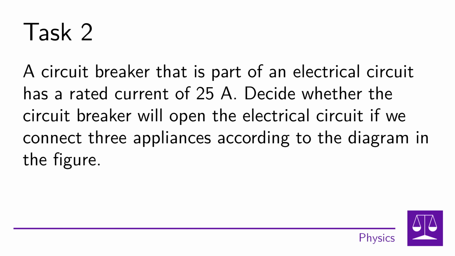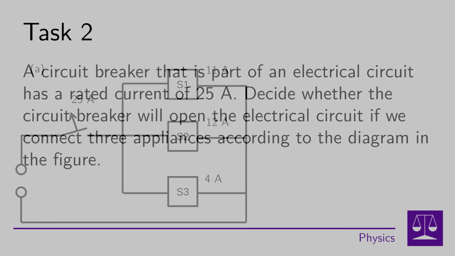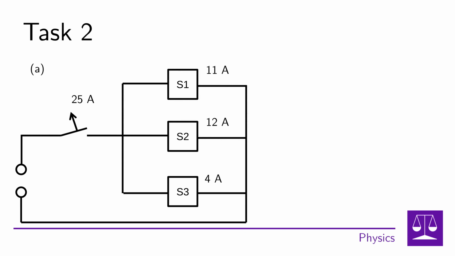In problem 2, we have a circuit breaker that is part of an electrical circuit and has a rated current of 25 amps. Our task is to decide whether the circuit breaker will open the circuit if we connect 3 appliances as shown in the diagram. In case A, we have 3 appliances that consume an electric current of 11 amps, 12 amps and 4 amps.